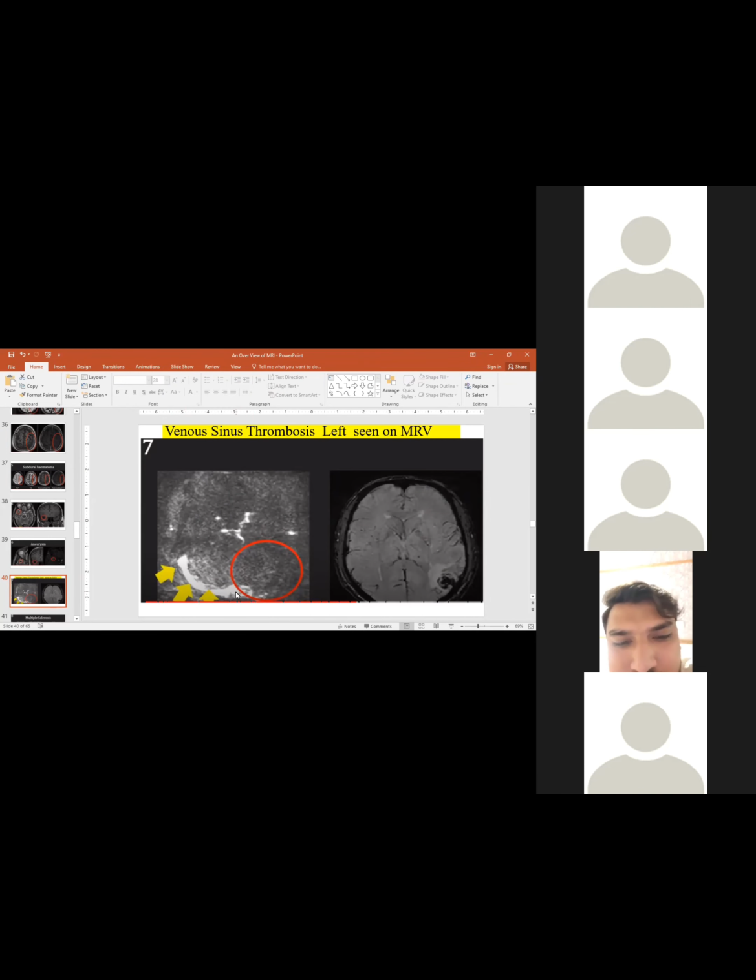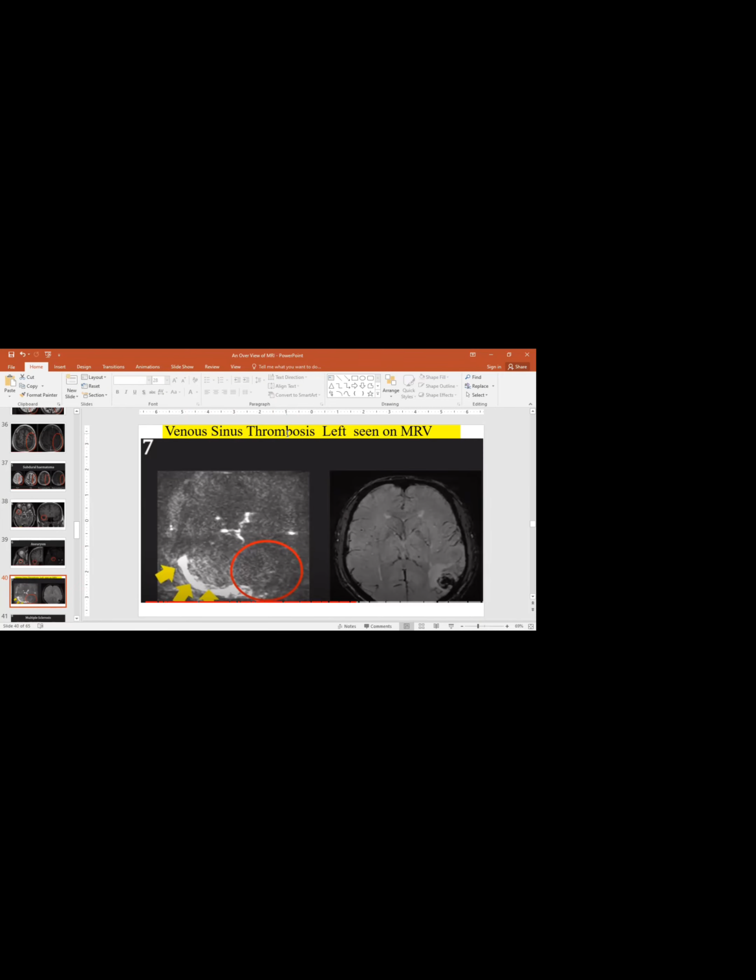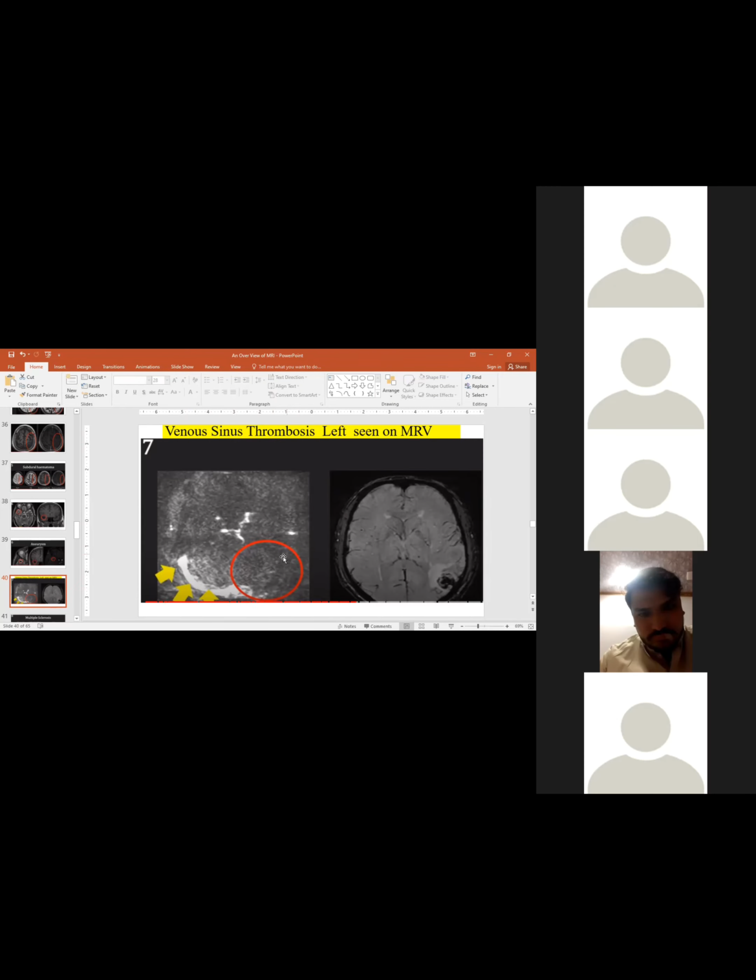They were intact and had flowing blood inside. But on the left side, there was thrombosis in the venous sinus, so there was absence of these bright signals.